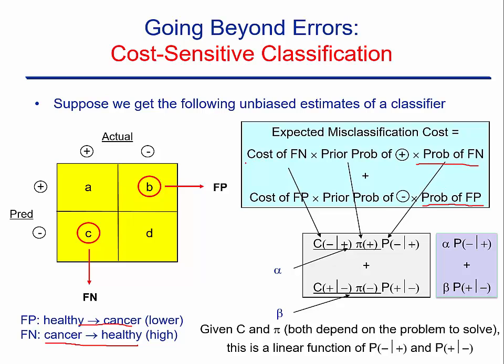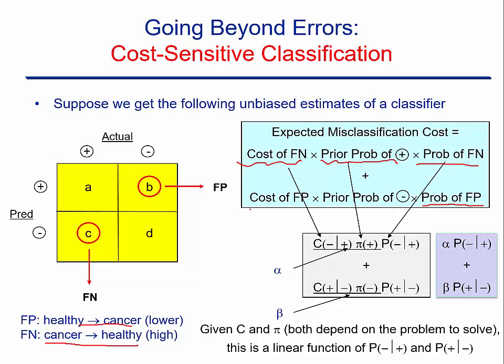So we will multiply the cost of making false negative mistakes by the prior probability of encountering persons with cancer, further times the probability of these patients with cancer being misdiagnosed.